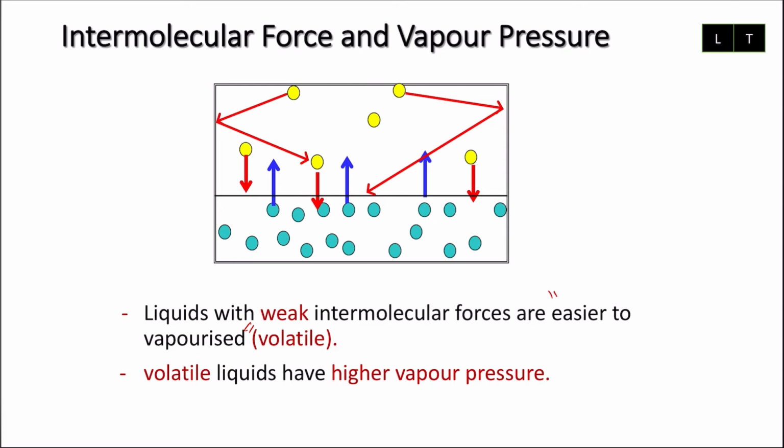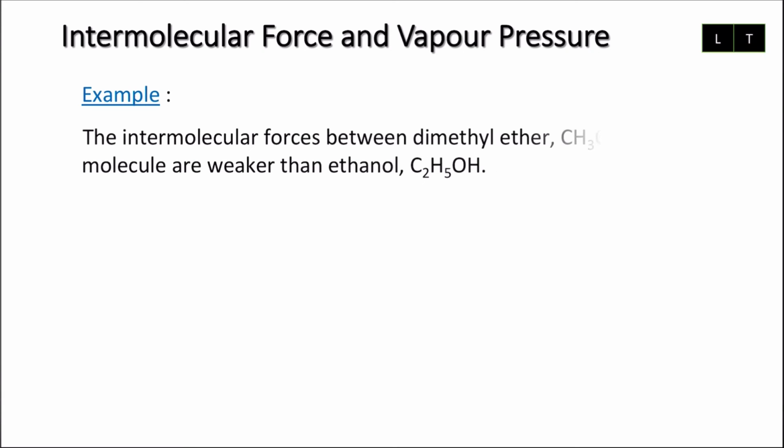Now, kita akan relate antara intermolecular forces and vapor pressure, di mana saya ada 2 jenis compound. Yang pertama adalah dimethyl ether dan yang kedua adalah ethanol. Intermolecular forces untuk dimethyl ether is weaker than ethanol. Kenapa? Saya harap awak masih ingat macam mana kita nak tentukan IMF dalam molekul.